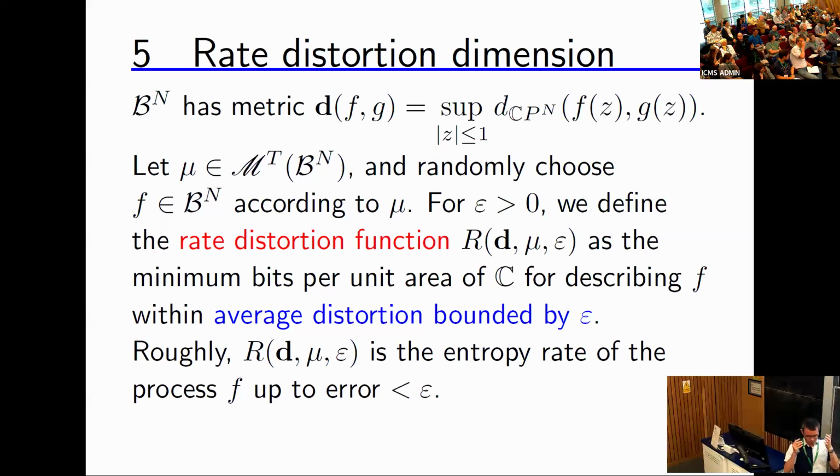Given a two-dimensional image, JPEG first expands this image in some wavelet basis and looks at every coefficient, and then JPEG throws away small coefficients. Then the amount of bits becomes significantly smaller. This is what JPEG does.